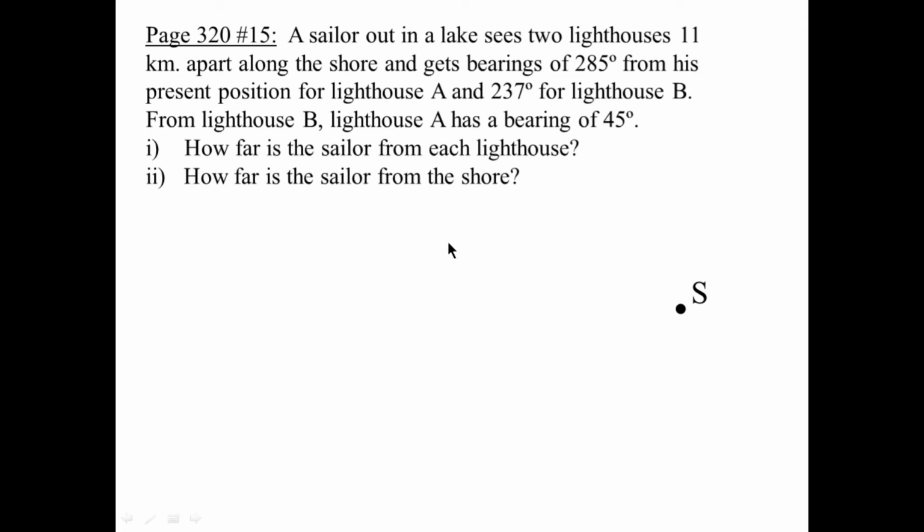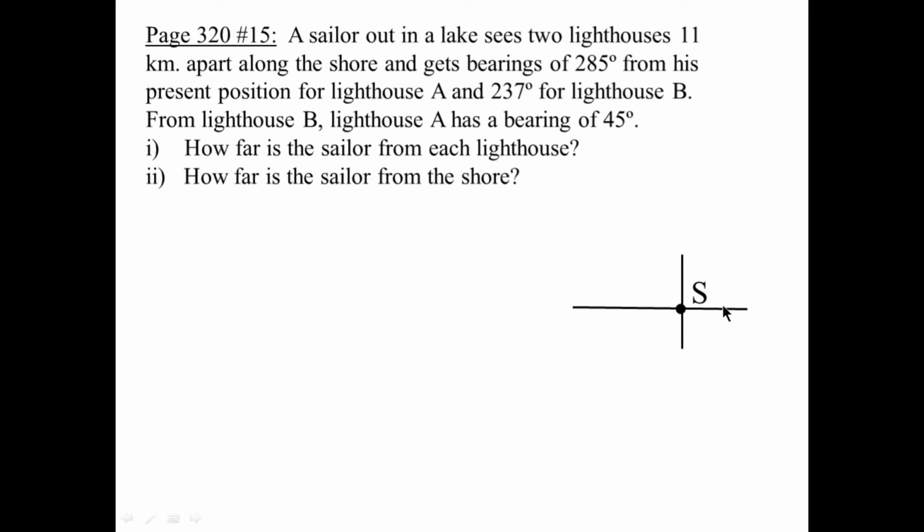Okay, now let's build a diagram around the sailor on the lake. S is the sailor. Bearings of 285 degrees from his present position for lighthouse A. So what we do is every time we put a point on one of these diagrams, we build this thing. It's called a compass rose. A little vertical line, a little horizontal line. And we start measuring 285 degrees like we did before.